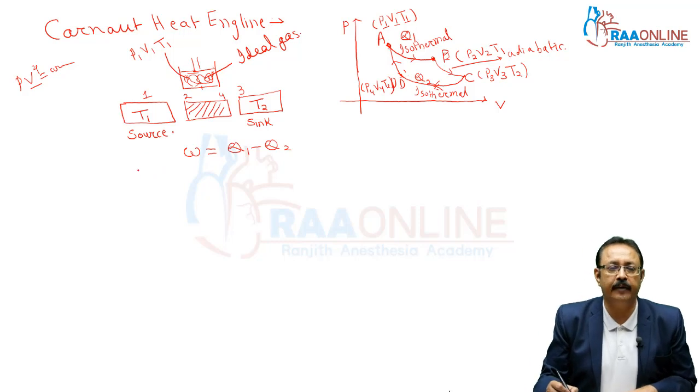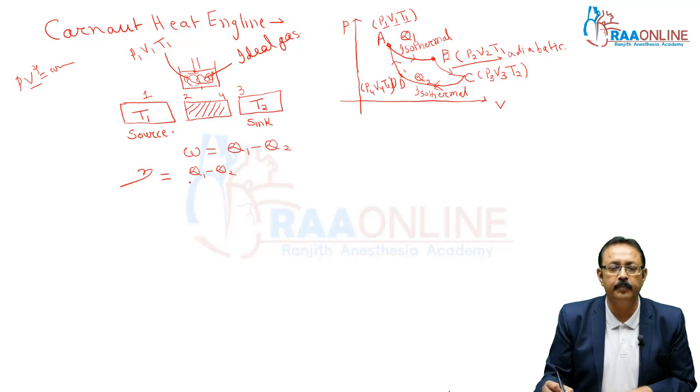So what should be the efficiency of this? It takes an amount of heat Q1. Efficiency means output upon input. Output was Q1 minus Q2 and input was Q1. So efficiency was 1 minus Q2 by Q1.